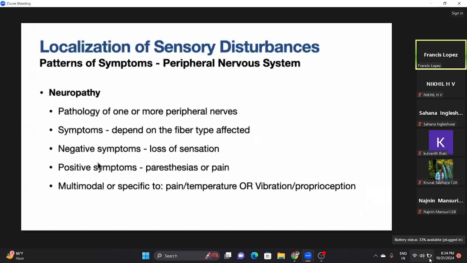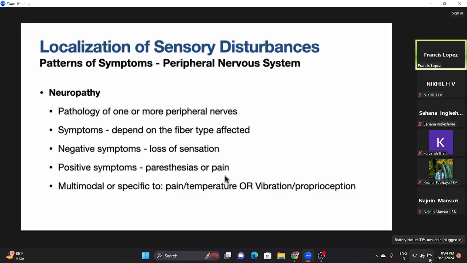So sensory symptoms may include negative symptoms such as loss of sensation, while positive symptoms naman are paresthesias and pain, or they may be both. Okay, so sensory loss can be multimodal or specific to a different modality. When we say modality, this can either be pain and temperature, the one that we have discussed kanina, or vibration and proprioception.